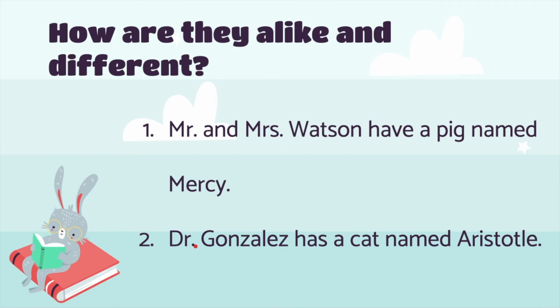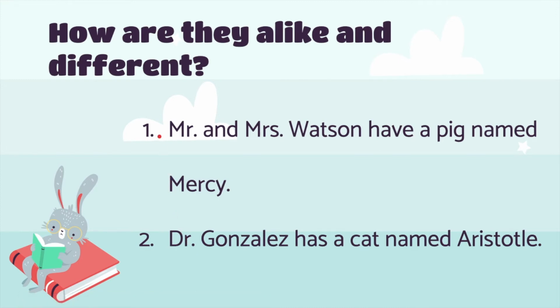The next thing I'm noticing is that the verb changed from have to has, and that actually changed because we use have when the sentence is plural and we use has when the sentence is singular. So if you caught on to that, nice job. And the last thing I'm noticing that's different is that the second sentence is talking about a doctor while the first sentence is not.